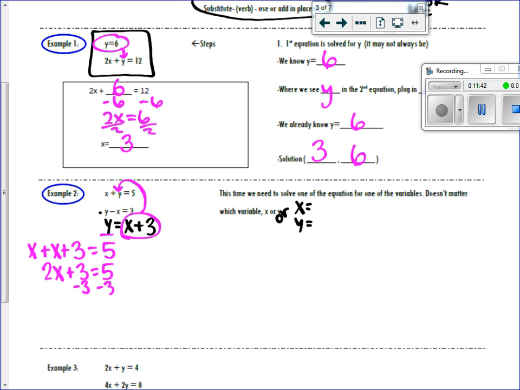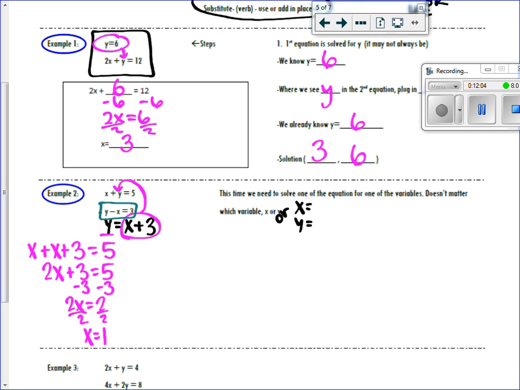Subtracting 3 on each side, so 2x equals 2. Then dividing by 2, and x equals 1. Now that we have an x value, take one of our 2 equations. I think that first one looks a little bit easier. Well, I guess neither one really matters.